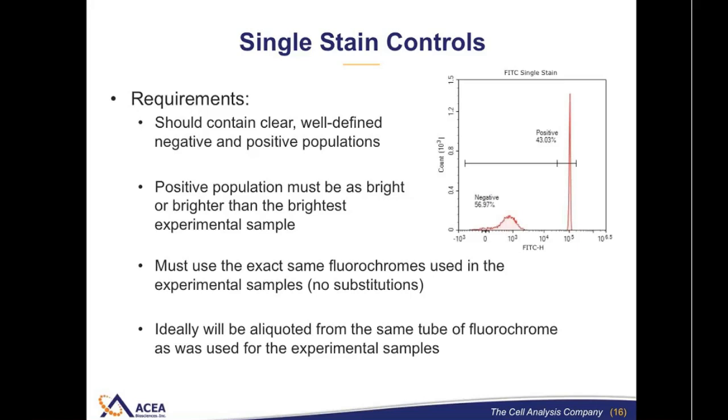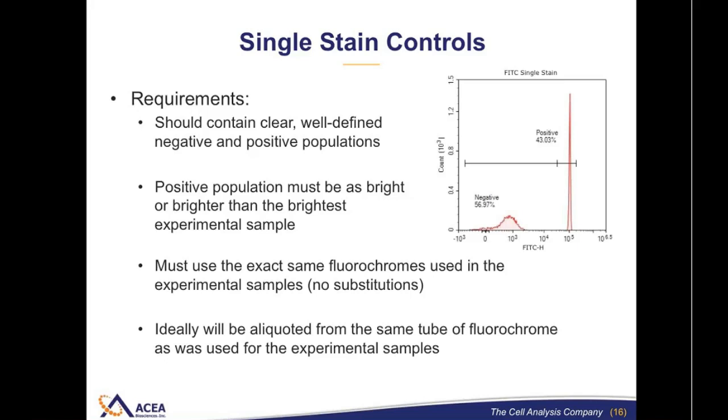Just one more note on this, it's a best practice to use the exact same fluorochrome conjugated antibody for your control samples as you use in your experimental samples. And for lowly expressed markers like some transcription factors or intracellular cytokines, some folks substitute a fluorochrome conjugated antibody with the same fluorochrome but directed towards a different highly expressed marker.